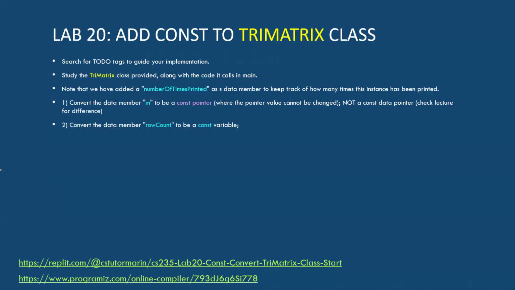All we're going to do is make m const, right? Make it a const pointer so it can't be changed. We're not saying the data can't be changed. We're saying the pointer can't be changed, okay? And then some of our row members, like our row count, should be const. We don't want our row count changing after the fact once we create our tri matrix, okay?